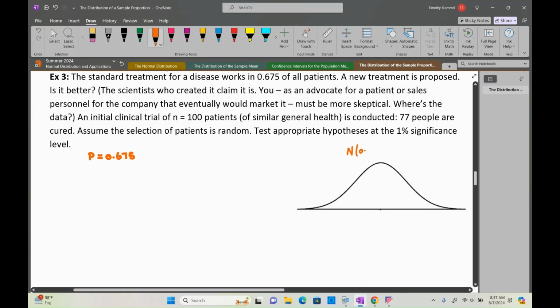So we have 0.675, and then the standard deviation will be the square root of P times 1 minus P, divided by the sample size. We haven't made it that far, but you might already be able to see it. It is right here. It's going to be 100.